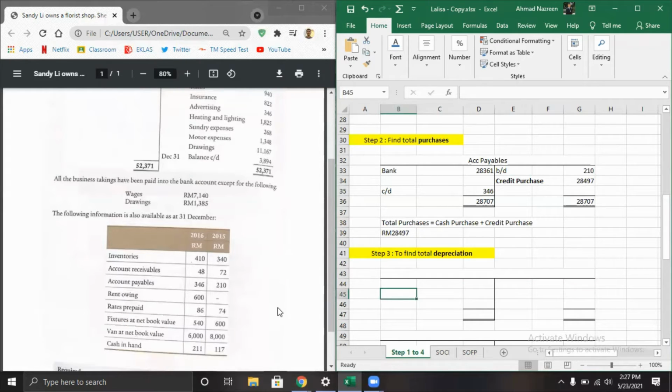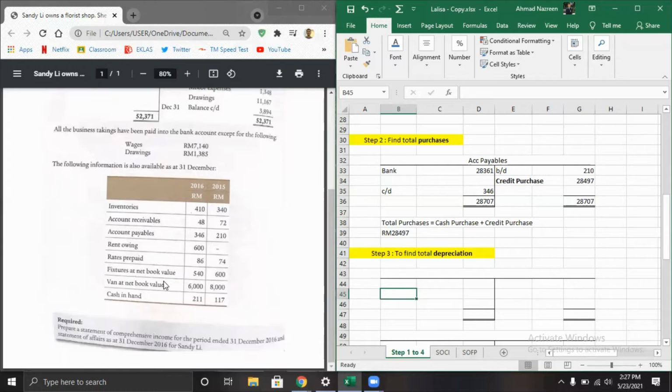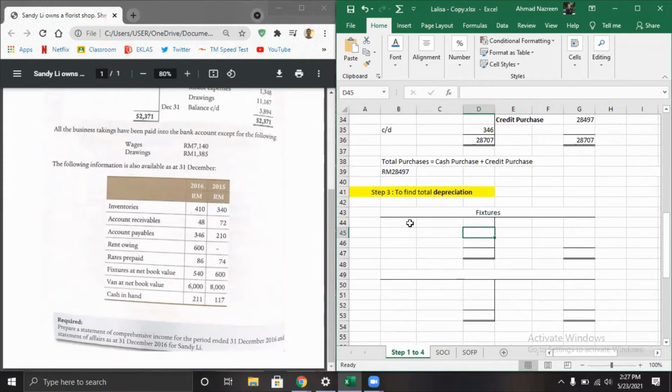As stated here, the fixtures and van are the non-current assets. They are given as net book value, but if there is an accumulated depreciation account, then you need to do two ledgers. So firstly, the fixtures account and van account ledger.